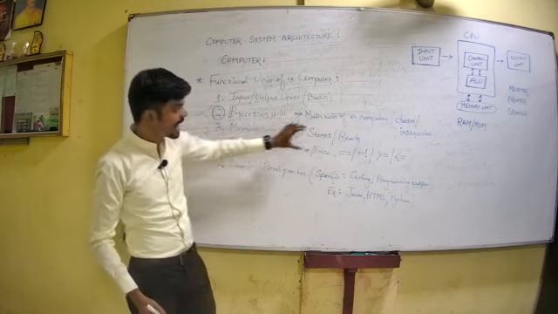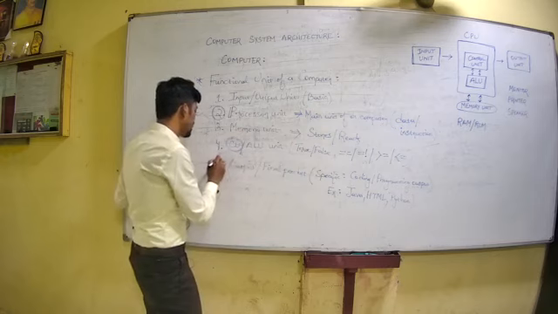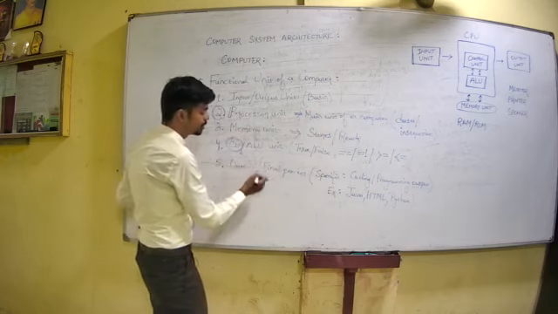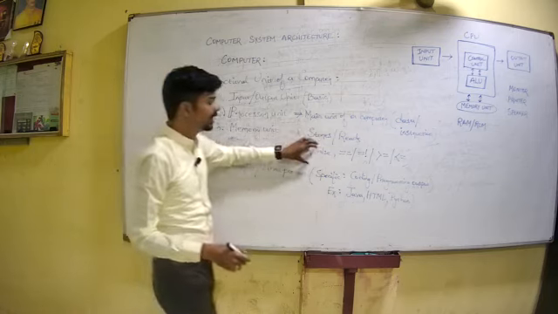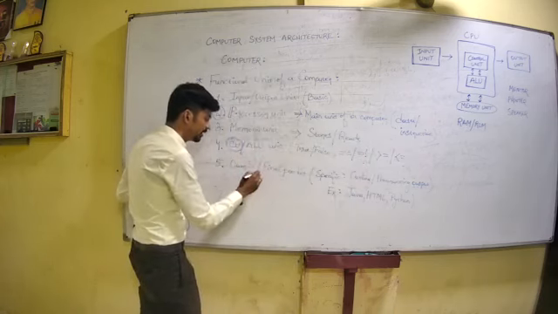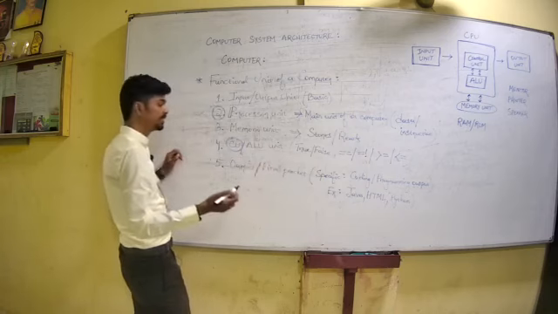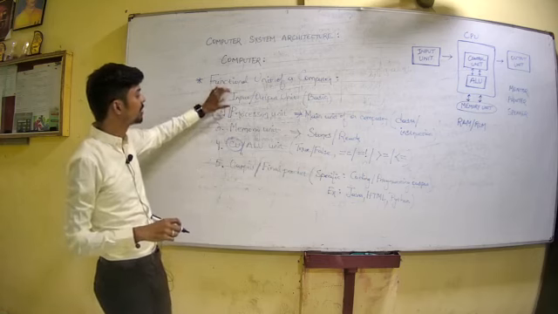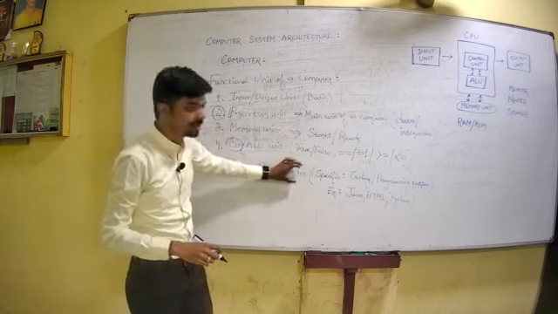After controlling that data and instruction, it processes it, then the last part comes into action, that is the output or final product. After doing all the calculations, the final product is given to the user. User means we. We have given the input to the computer. After all the process, the final output is produced.